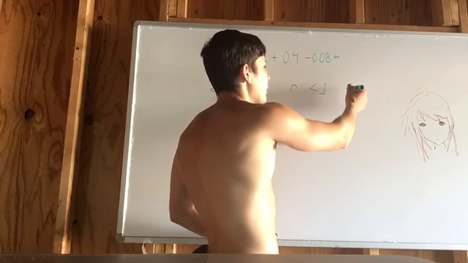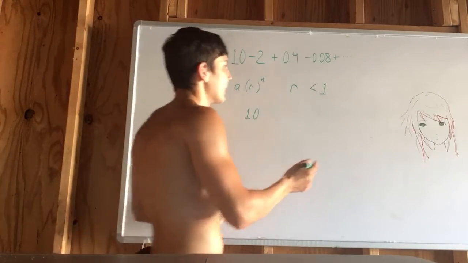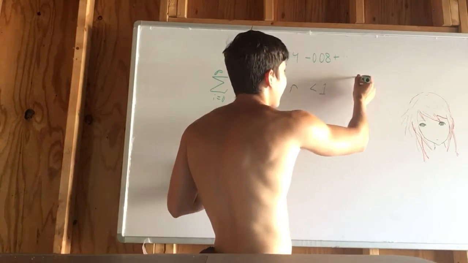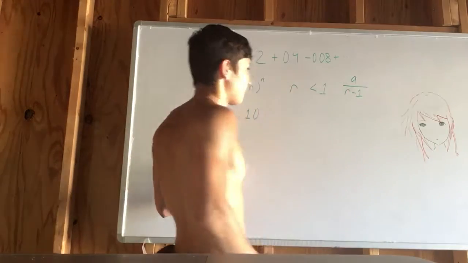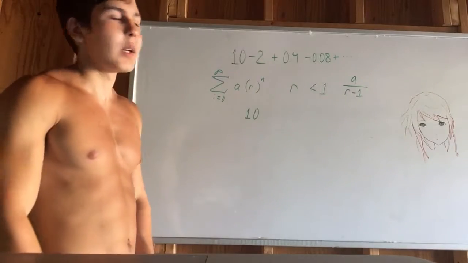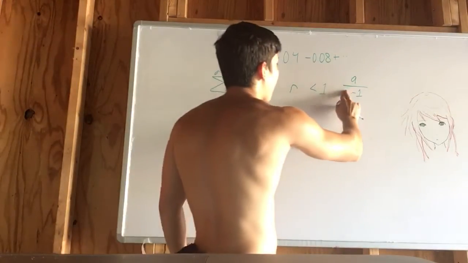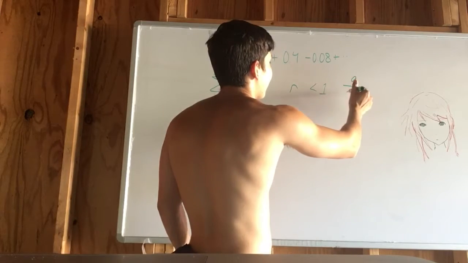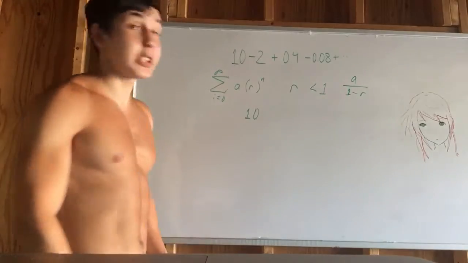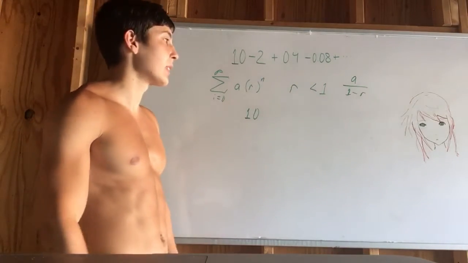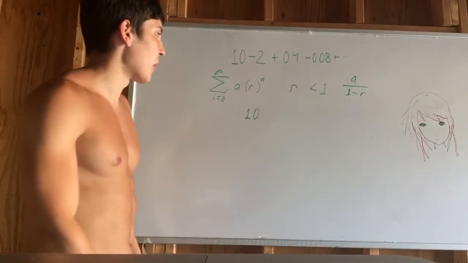We use this special other formula that you have to know, which is a over 1 minus r. Sorry, that was bad. There are just so many things you have to memorize in Calc 2. It's crazy. This is a over 1 minus r.